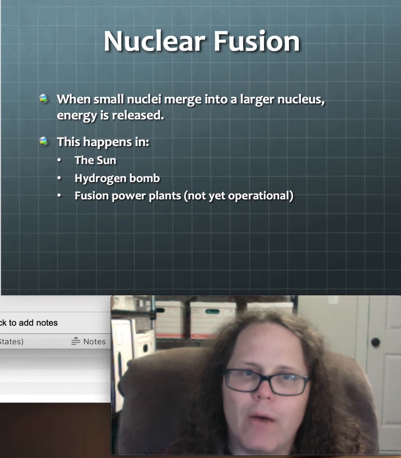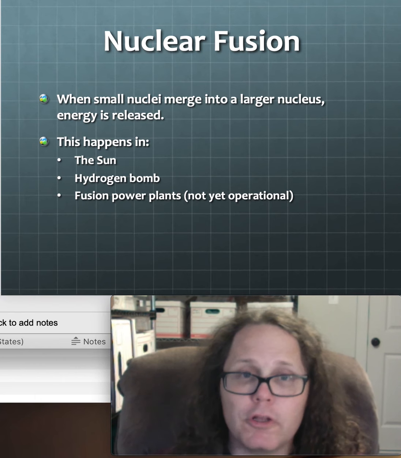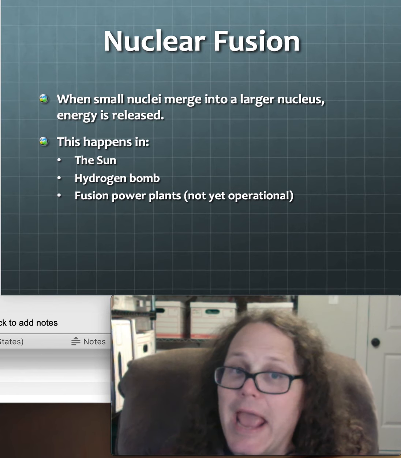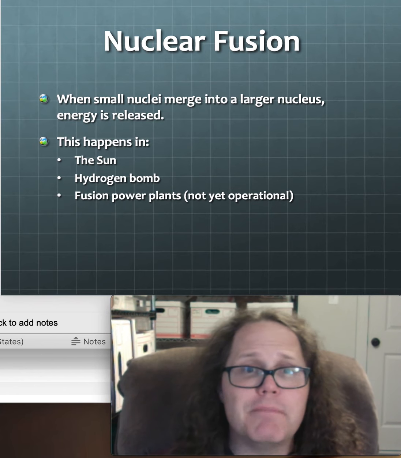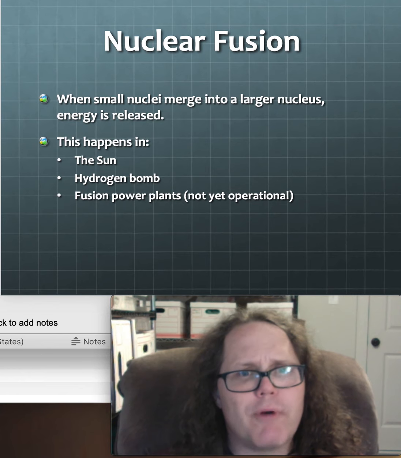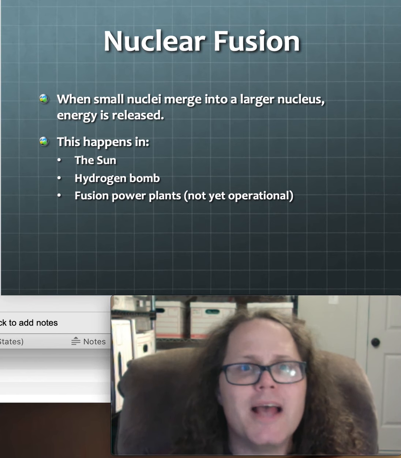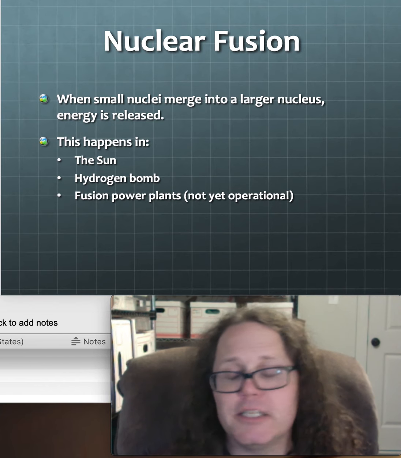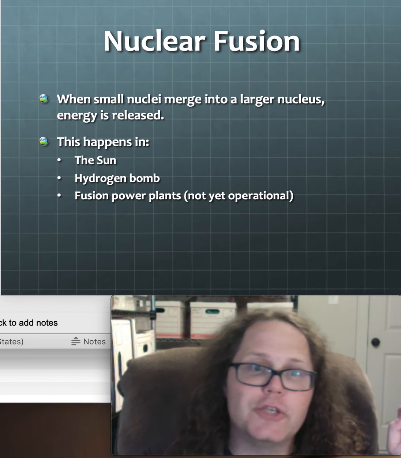It also powers the most powerful class of nuclear weapons, the hydrogen bomb. It may, in the coming decades, also be used in power plants, but the engineering problems for that are formidable. Scientists around the world are racing to build fusion power plants, but they are still in the development stage.